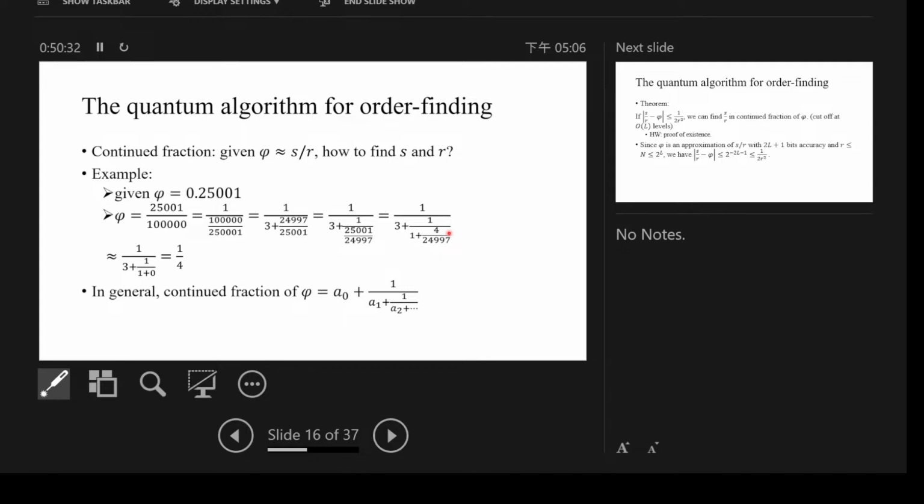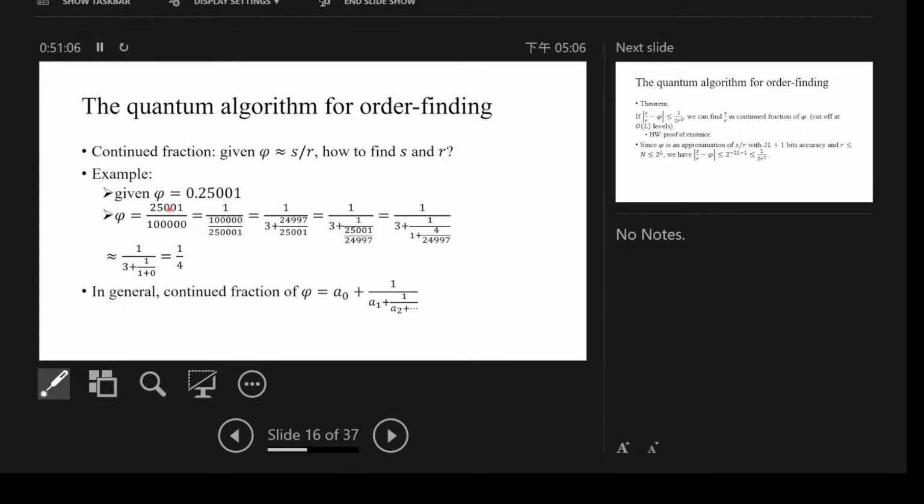At this point, your computer will say this fraction part is very small, so you set some threshold on your fraction part, and if it is very small, we just discard it, because we don't change too much. So we change this to 0, and then we compute everything back, and we see that this is 1 over 4.